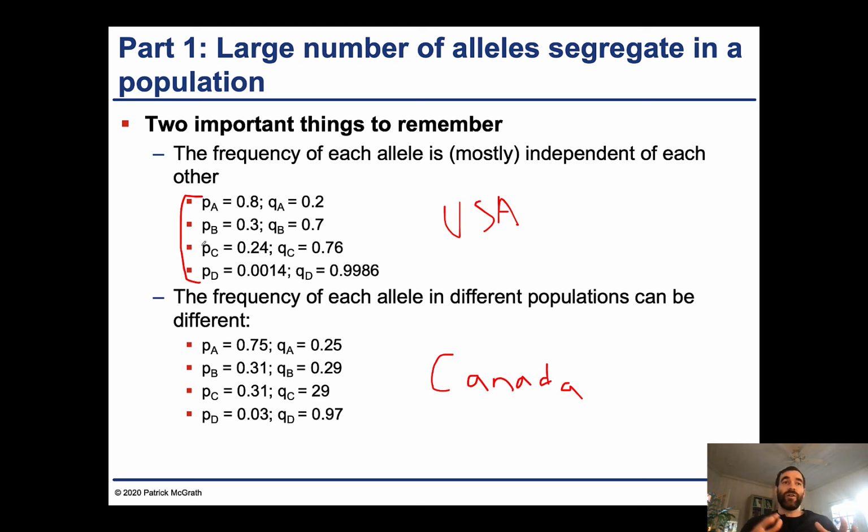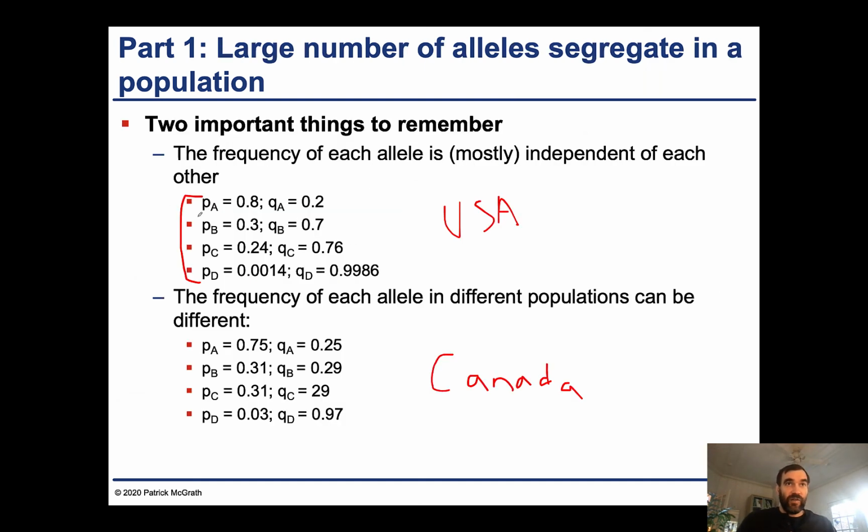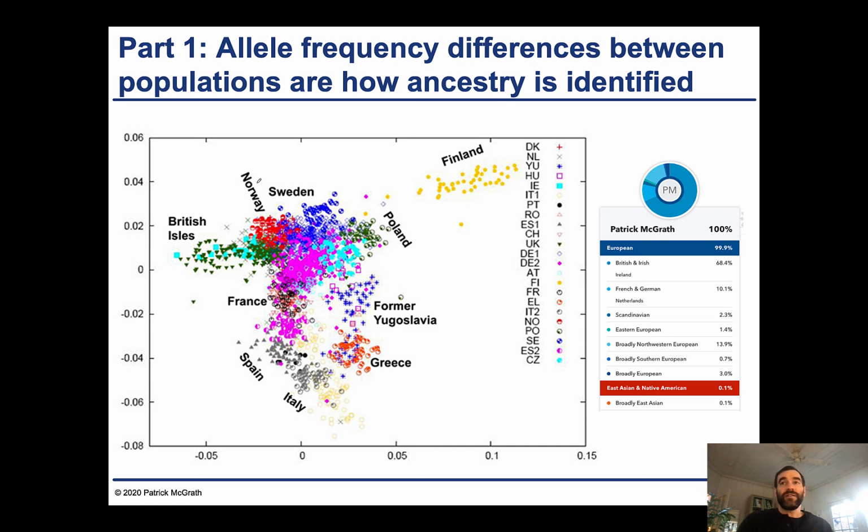So this measure is specific to a given population, and you really need to be thinking about what population am I talking about. But because these allele frequencies are different in different populations, this is why you can actually infer your ancestry using this DNA information.